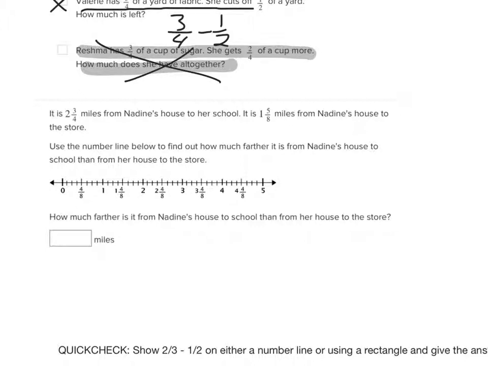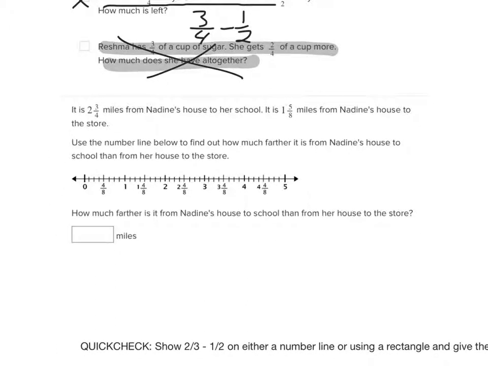All right, so you can see that the number line has numbers that are in eighths. So I'm going to turn both of these mixed numbers into eighths. So 2 3/4 equals how many eighths?